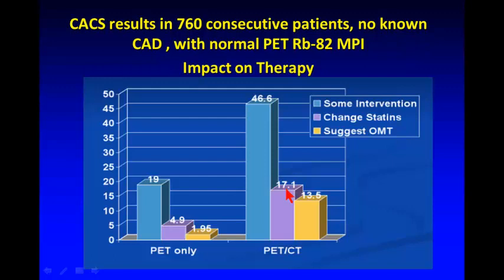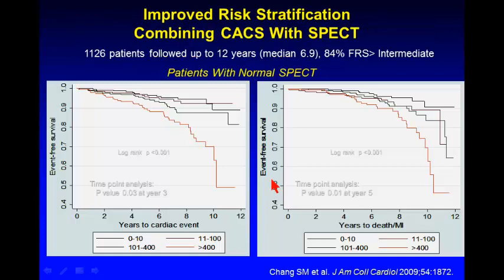The interesting part is that if you use the nuclear medicine data only, you're going to change statin therapy in only 4.9%. Once you add the calcium score data, now you're going to order more statins, so it does impact patient management and patient therapy.